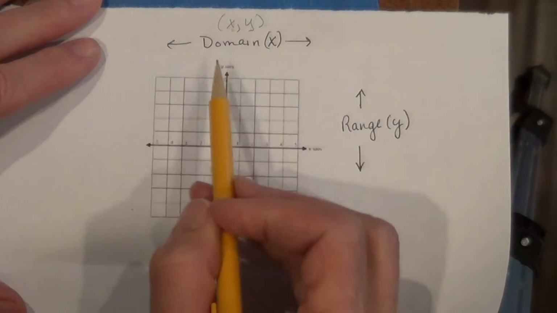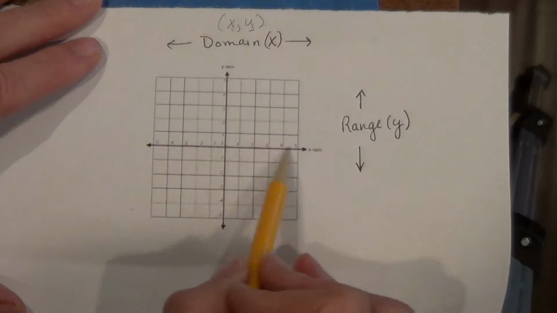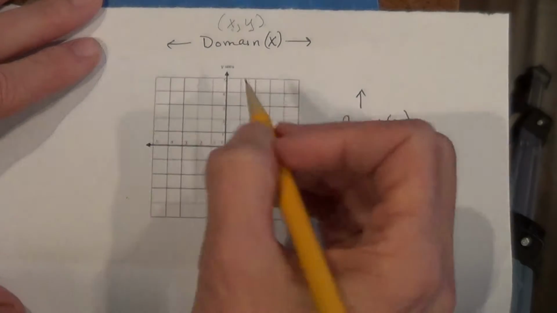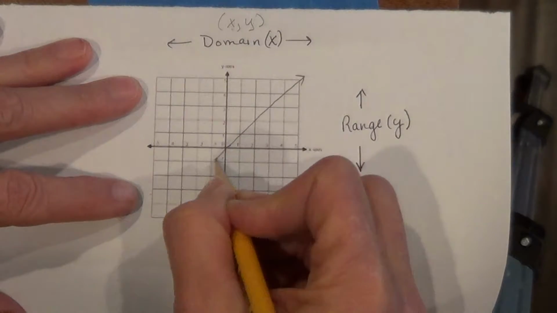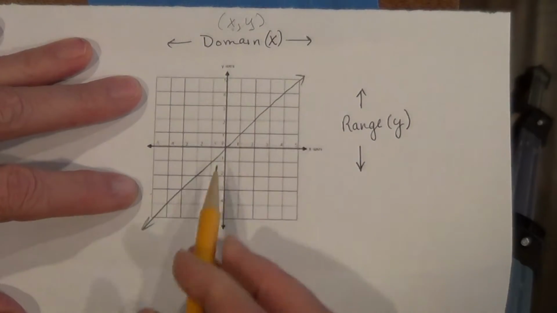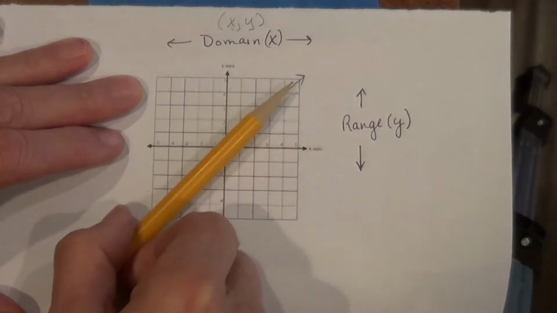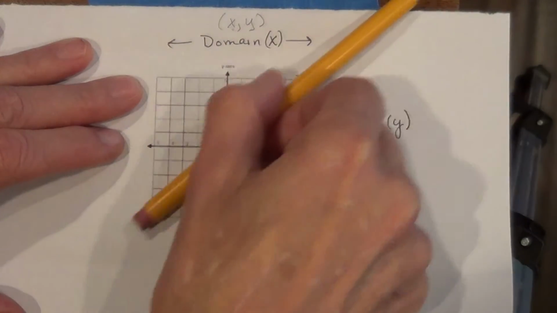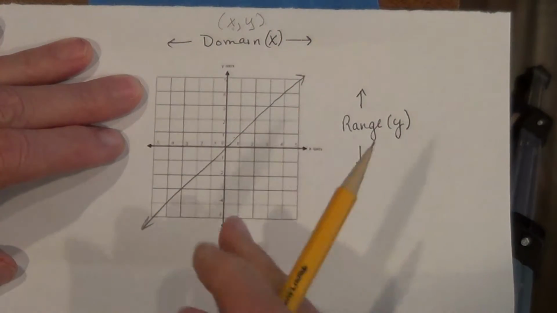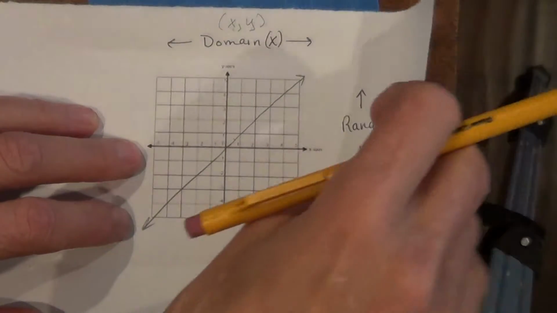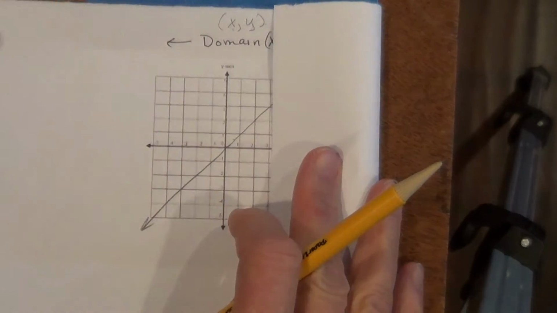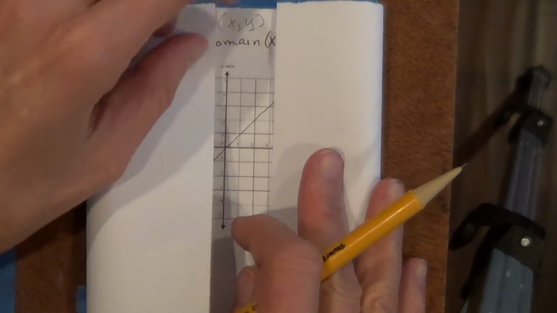Okay, on a graph, so the domain goes with the x-axis, it goes side to side. So if we're looking at your linear function, the parent function that we just looked at, we've got a function that's going forever and ever out that arrow, forever and ever out that arrow that way. Domain means that we want to know where are the limits to this graph.